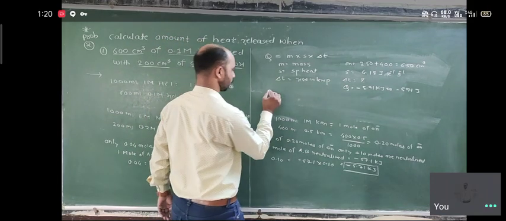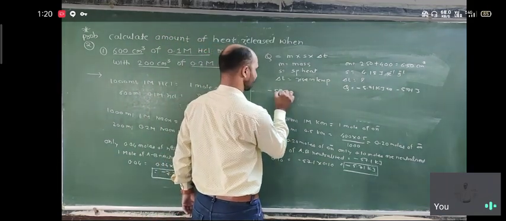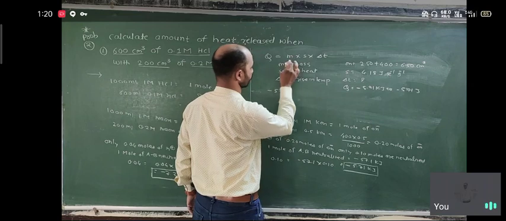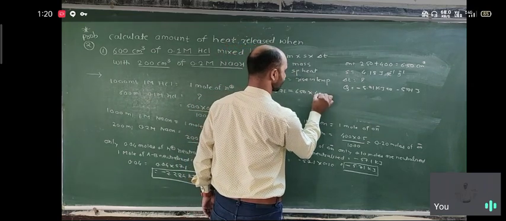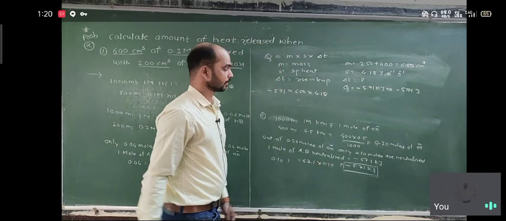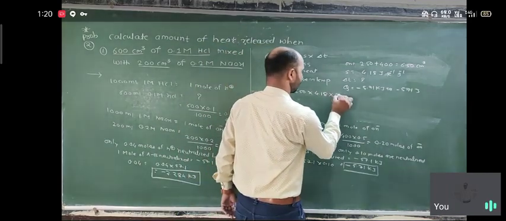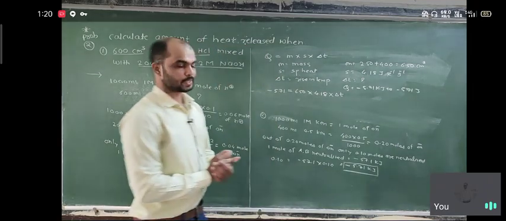So we put all the values here. Minus 5710 is equal to mass 650 into specific heat 4.18 into delta T, the change in temperature we are going to calculate.